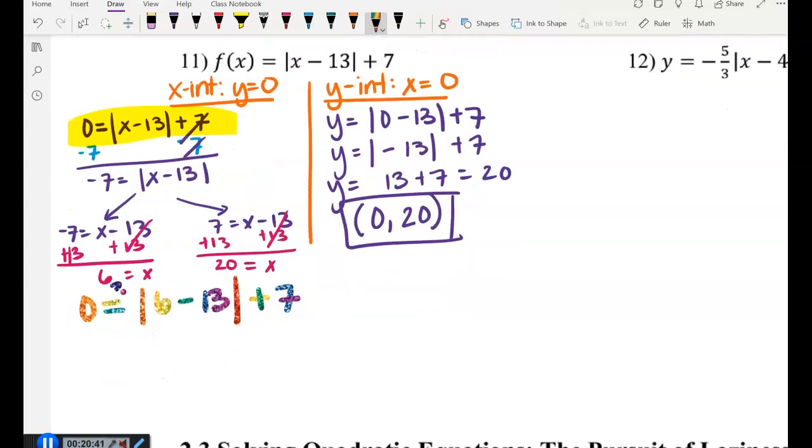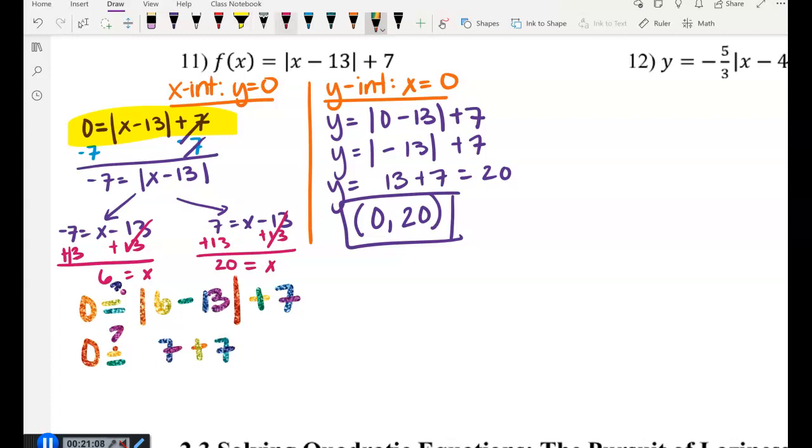So let's mentally look at it. What is inside the absolute value? What's 6 minus 13? Negative 7. Absolute value, students, of negative 7 is? Positive 7. 7 plus 7. Is that 0?